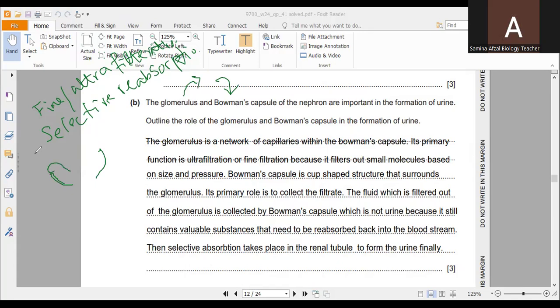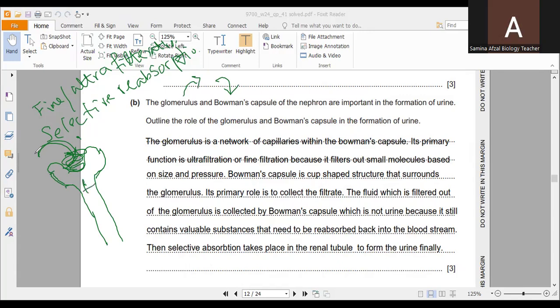So this is the cup-shaped structure, and inside the cup structure there is the glomerulus. After filtration, blood enters, ultrafiltration takes place over here, and as a result of ultrafiltration, we get the filtrate.